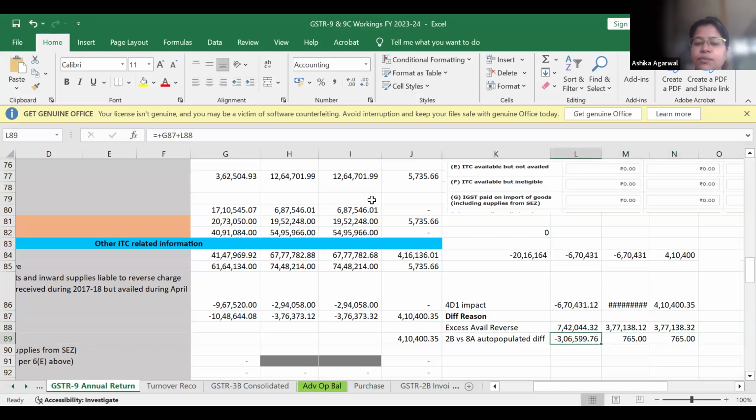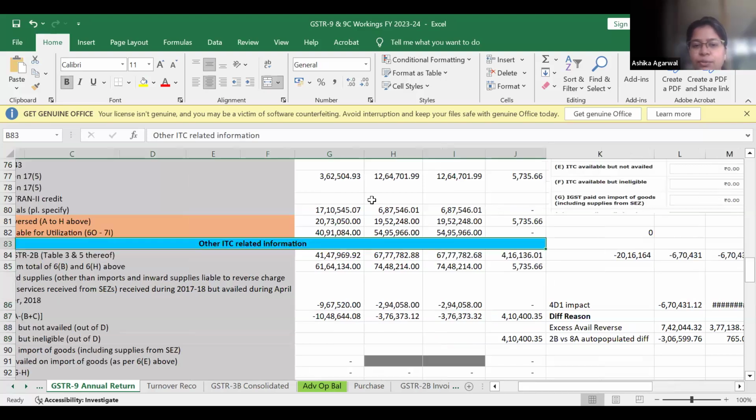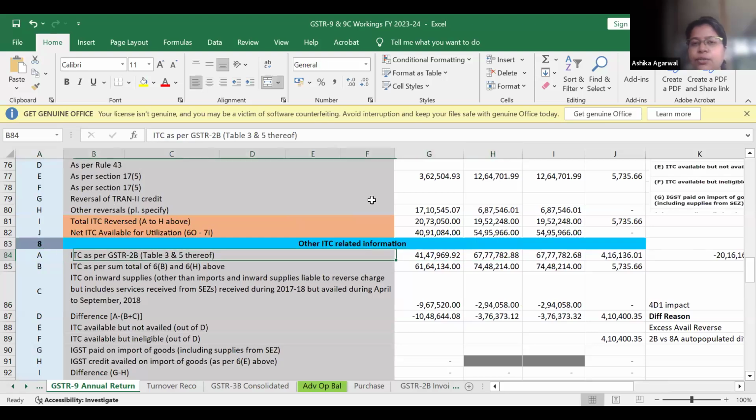Another reason which we identified was that the auto-populated data and the data which I got from 2B were not matching. If you go to the GST portal, you can download table 8 full details transaction-wise. The data which I downloaded from table 8 was not matching with the auto-populated data, though ultimately the data which I downloaded was matching with 2B. So it seems to be some technical issue.